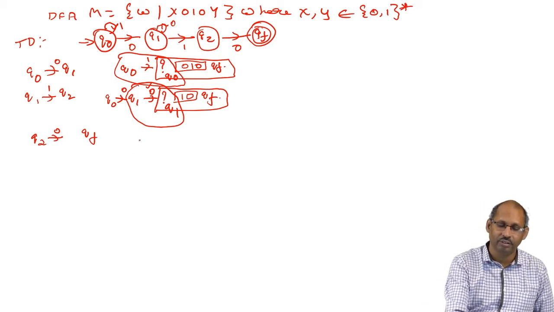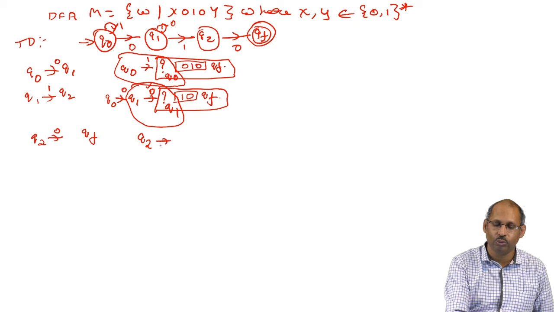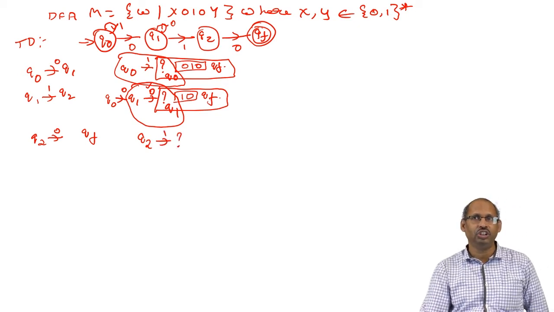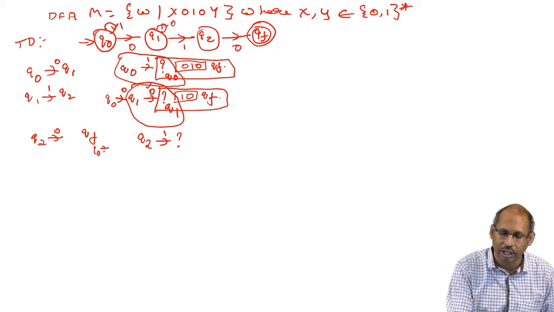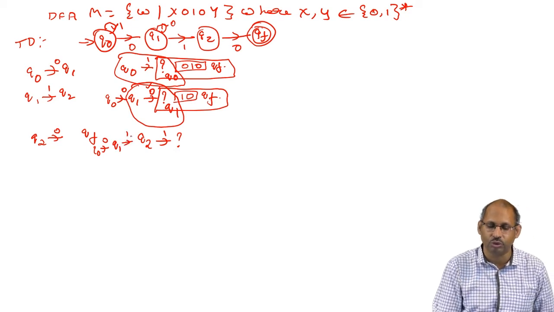We have to find where Q2 on 1 goes. How do you reach Q2? Q0 on 0 goes to Q1, and Q1 on 1 goes to Q2.